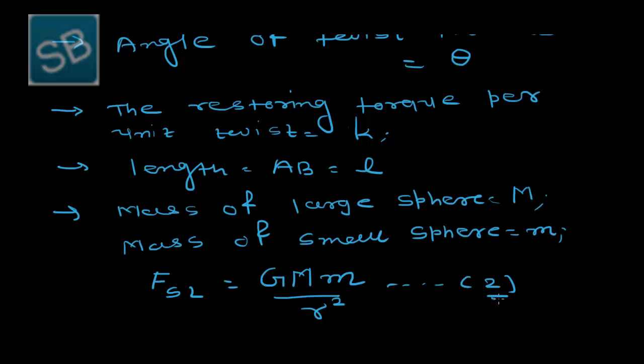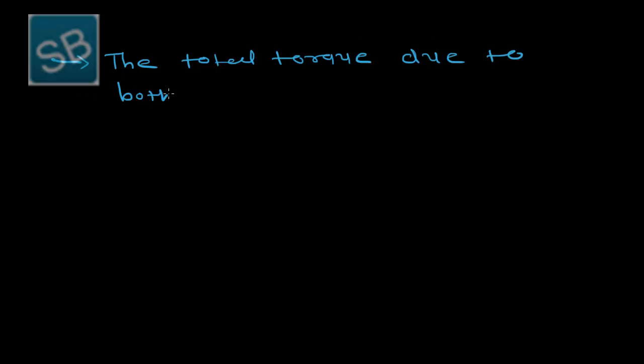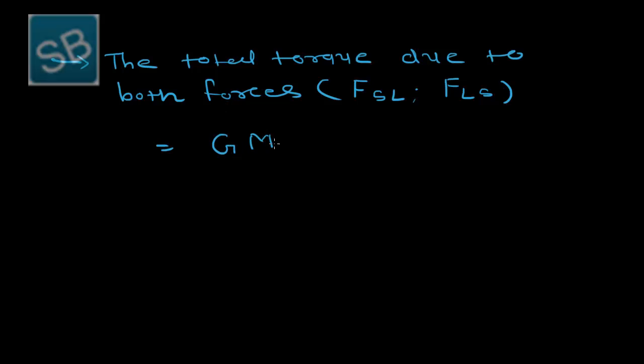So this is my result number 2. And now the total torque due to both spheres, or due to both forces, F_SL and F_LS, is given by G M m over r square, multiplied into the length.